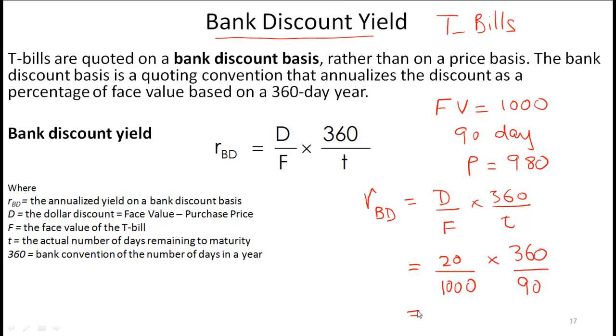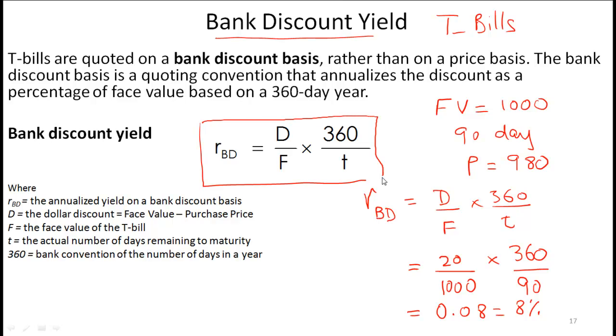So we have our bank discount yield as 0.08, which is 8%. So this is an important formula for you to memorize. Bank discount yield is equal to discount divided by face value into 360 divided by the number of days remaining.